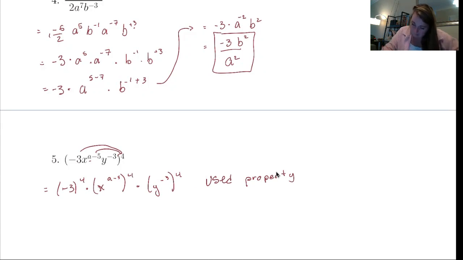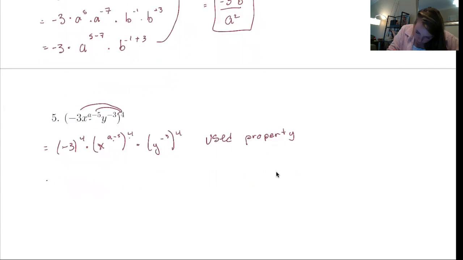Yes. Where it says that when I have something like this, I can just multiply those exponents. So negative 3 to the 4, that's the same as 9 squared, which is 81. And then this is going to be x to the 4 times a minus 5 and y to the 4 times negative 3. And then we can go on and simplify.